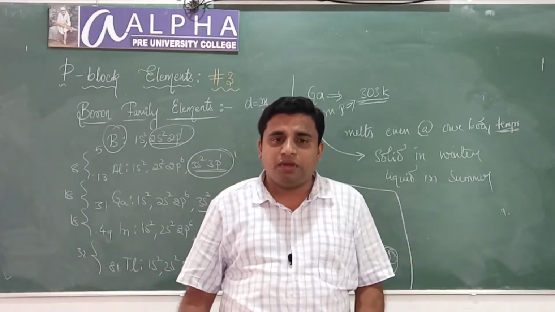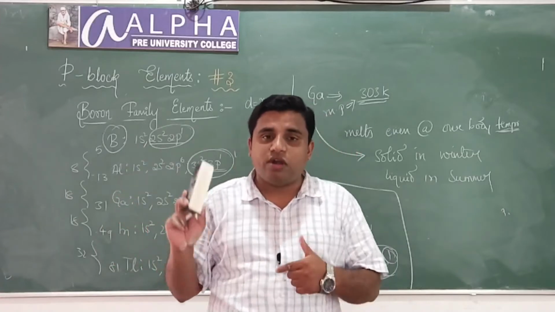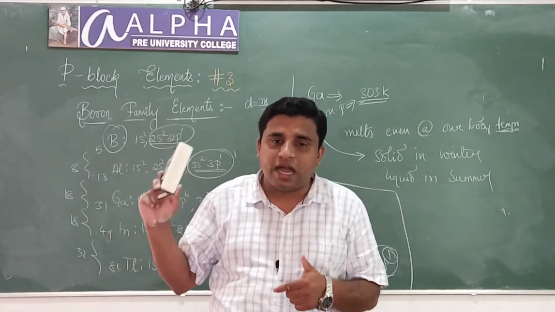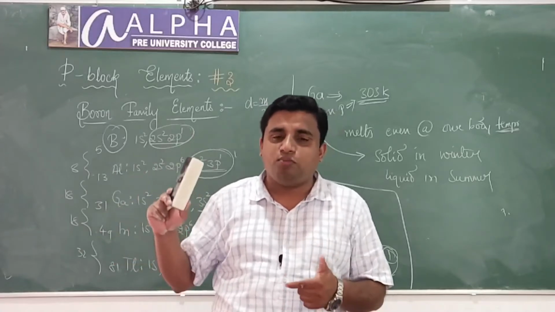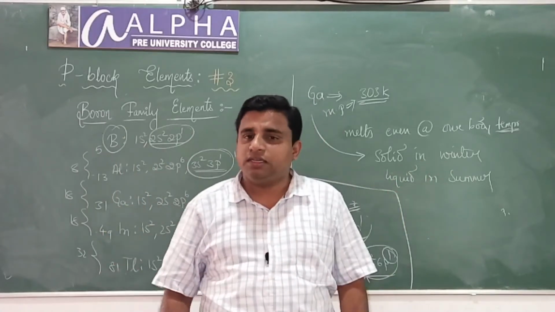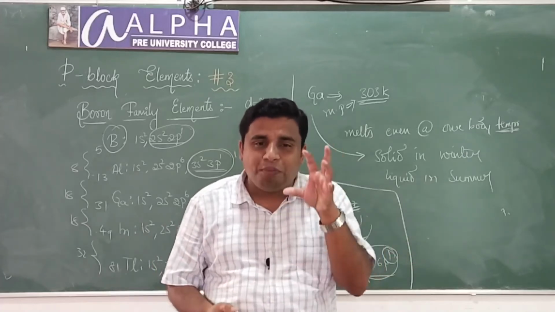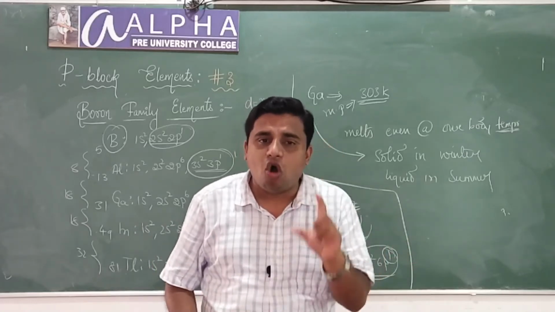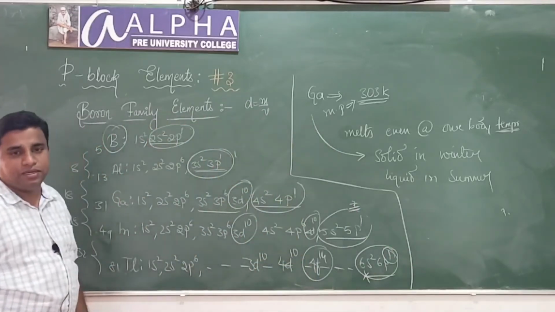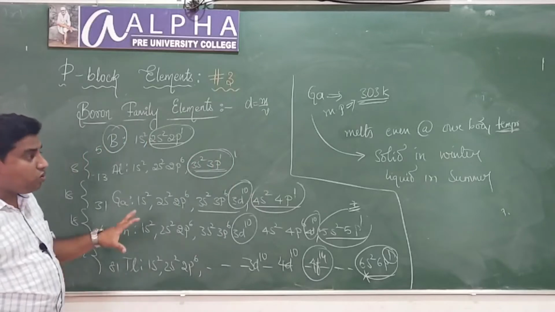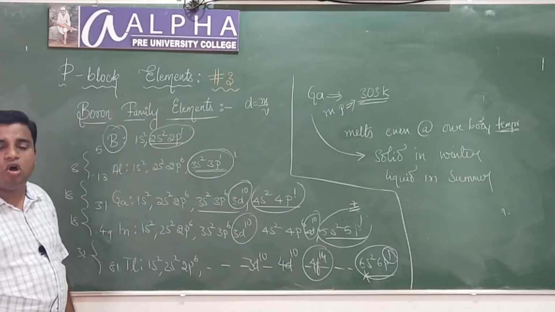We did a great job. What are the different physical properties that we came across? We studied electronic configuration, atomic radius, ionization enthalpy, stability of oxidation state, melting point, boiling point, density, and so many things. Now our main topic of discussion is the chemical properties of these boron family elements.